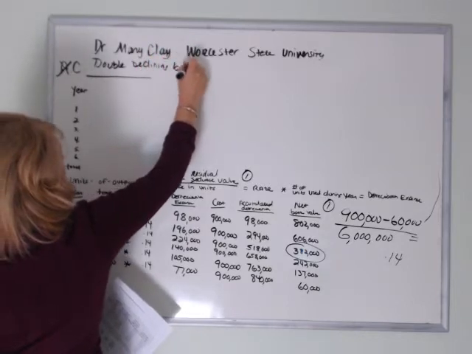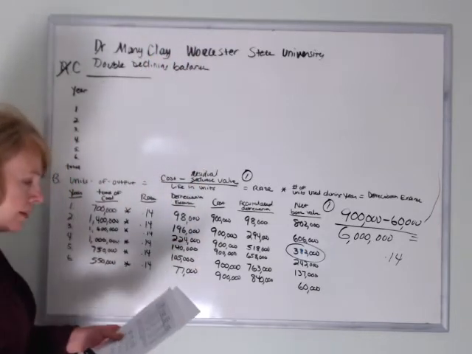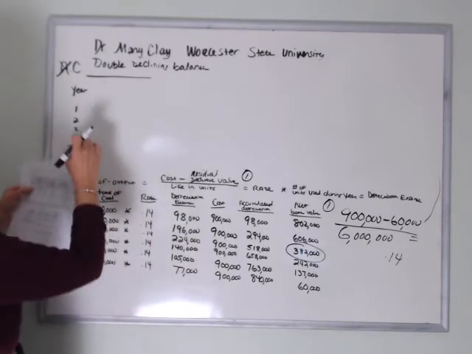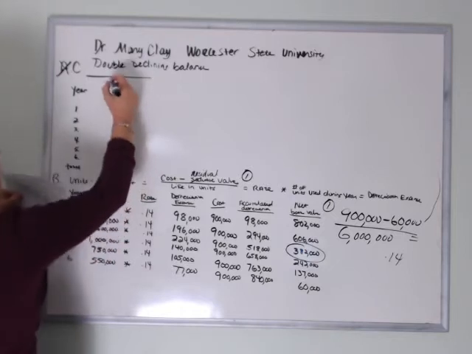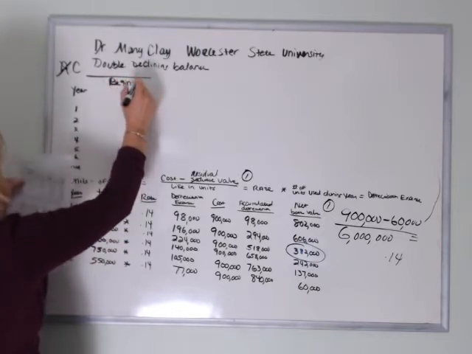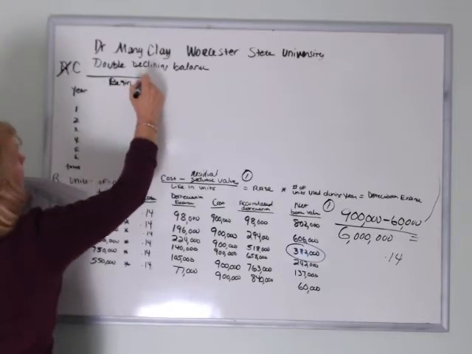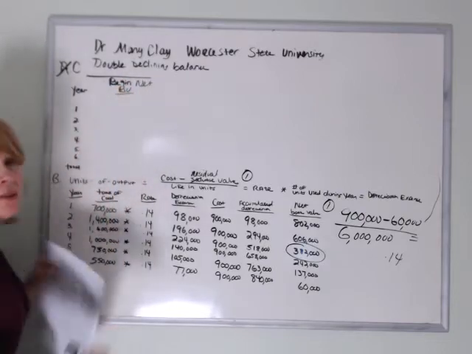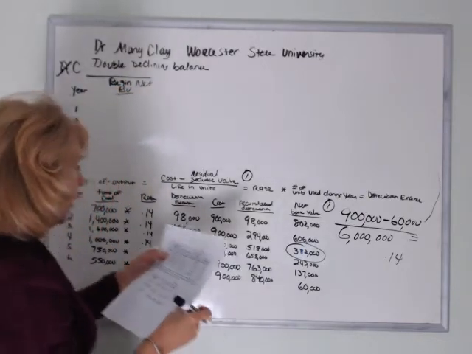balance. Okay? All right. Let's set up the schedule first. So you've got the year, and then you have your beginning net book value, all right? So BV stands for book value.